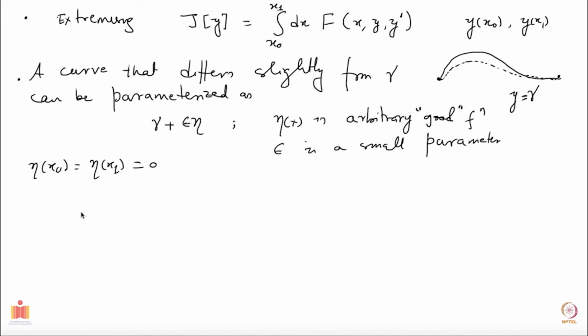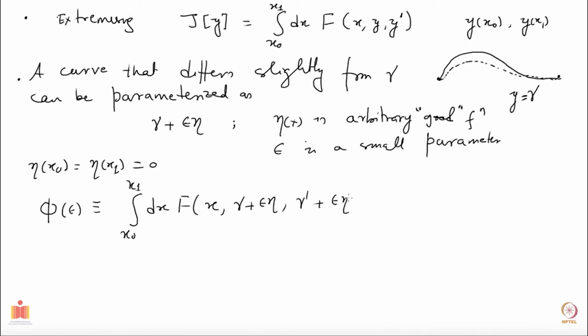So let me define a function phi, which is a function of epsilon, to be this: the integral from x0 to x1 of dx, and here you have f of x, and instead of y I am going to put gamma plus epsilon eta, and y prime will become gamma prime plus epsilon eta prime.